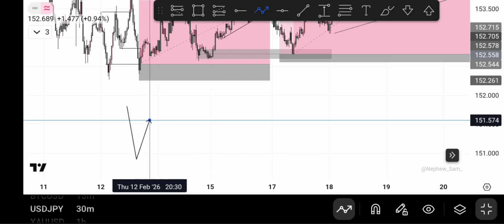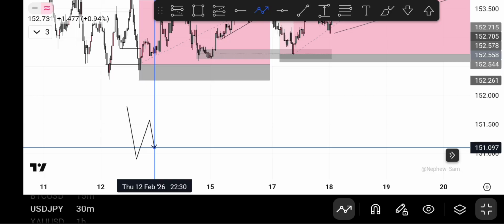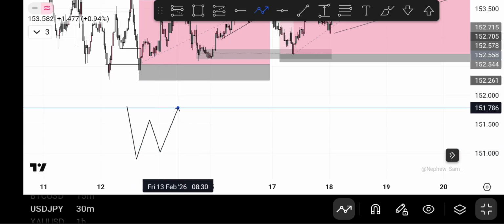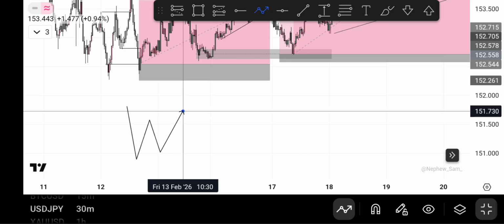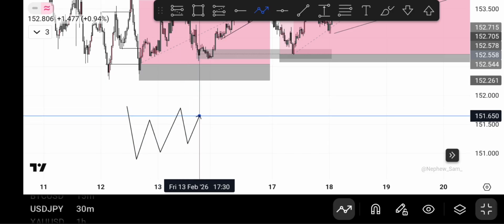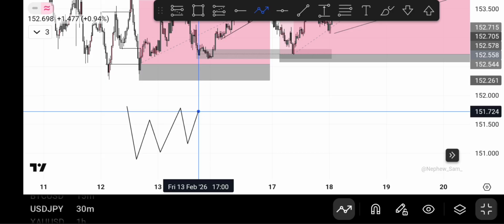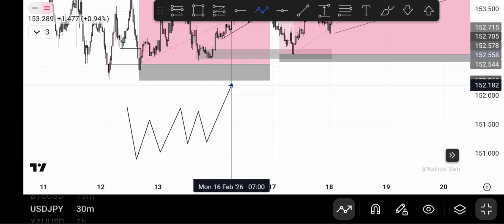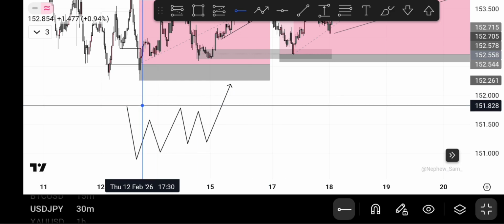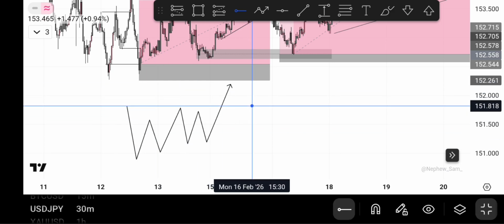It came almost breaking it but didn't. It came down, keep printing till it broke.